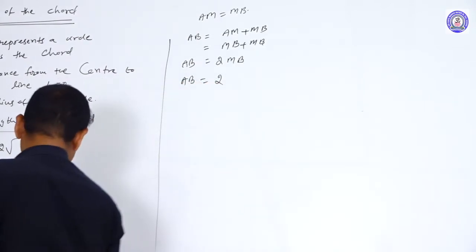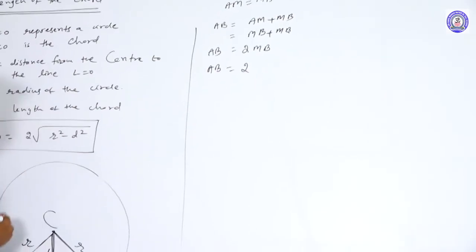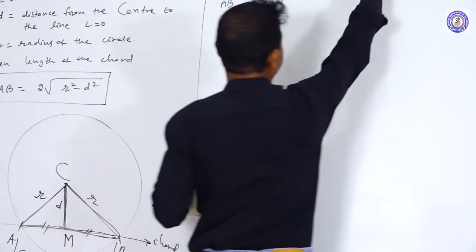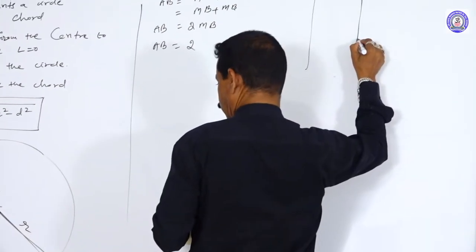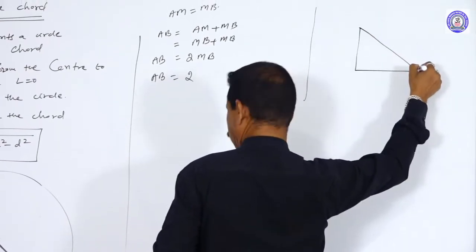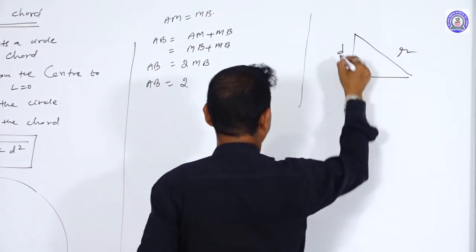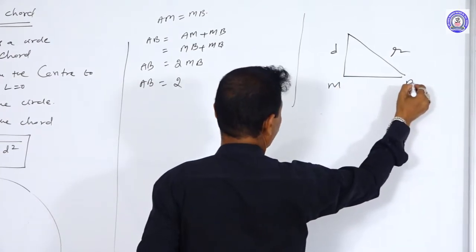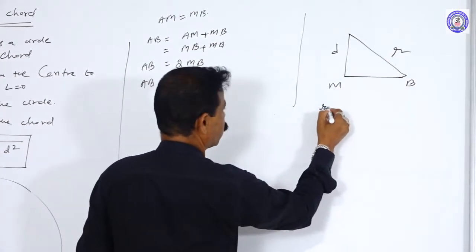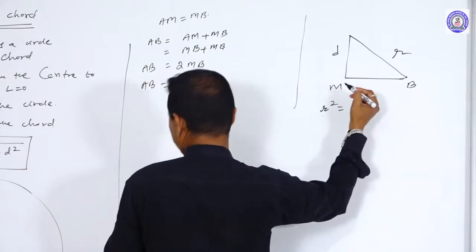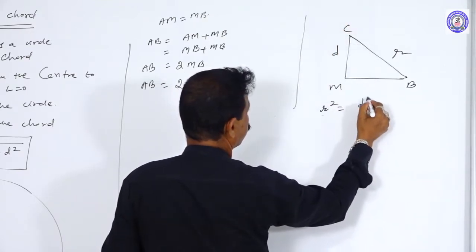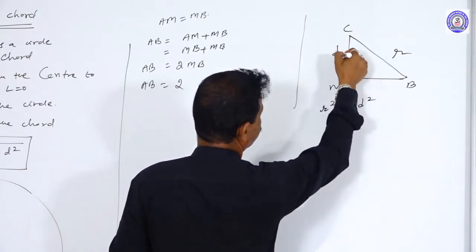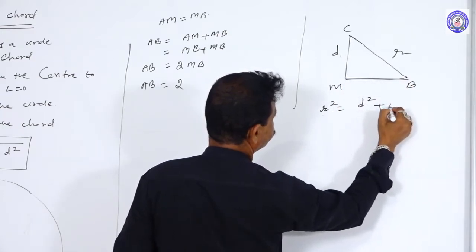We find MB from the Pythagoras theorem. This is R, this is D, this is MB. From the Pythagoras theorem, R square is equal to D square plus MB square.